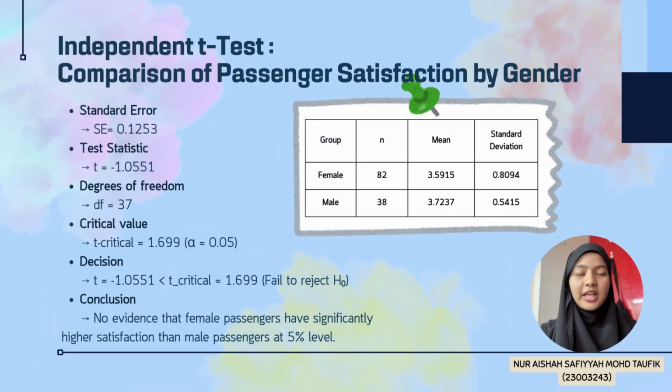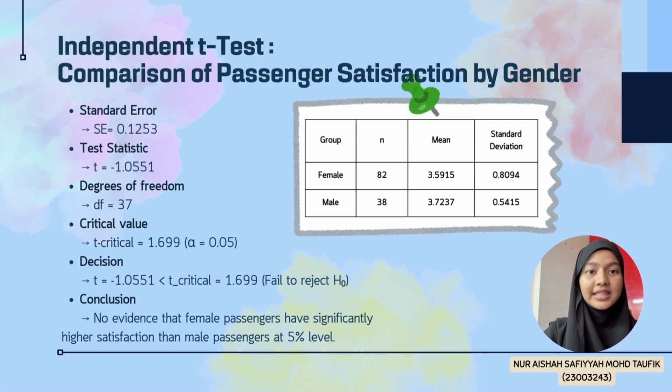The female group has 82 respondents with a mean of 3.5915 and a standard deviation of 0.8094, while the male group had 38 respondents with a mean of 3.7237 and a standard deviation of 0.5415. The calculated standard error we got was 0.1253.